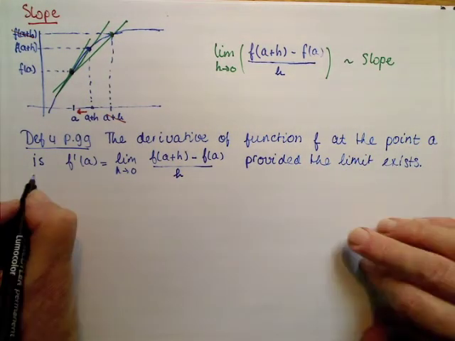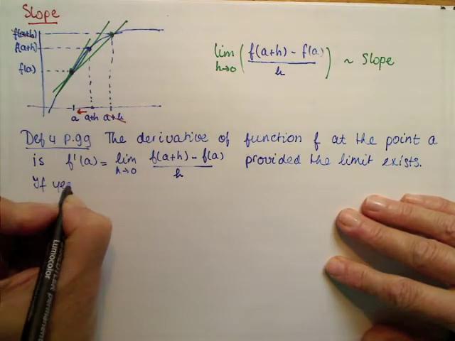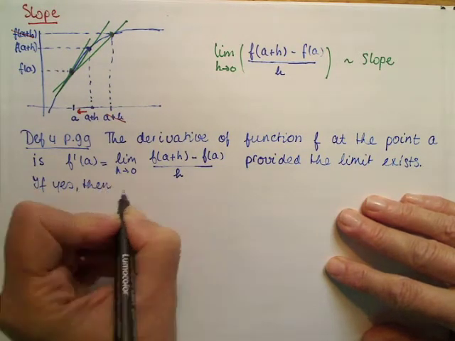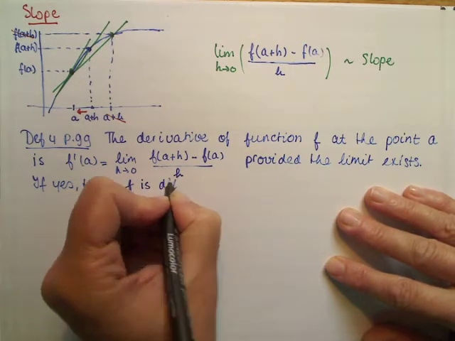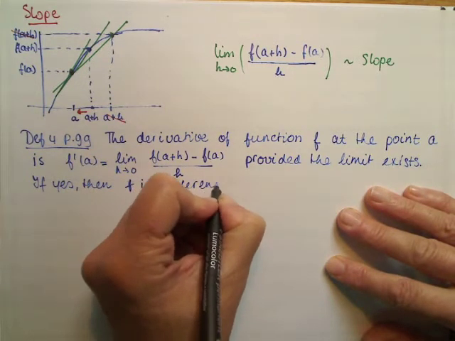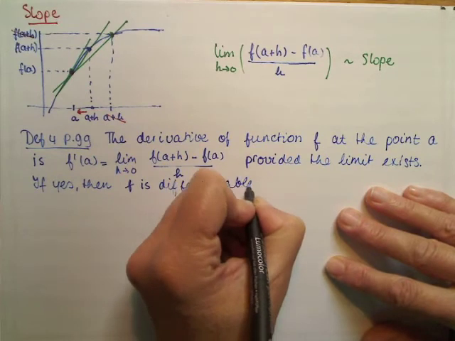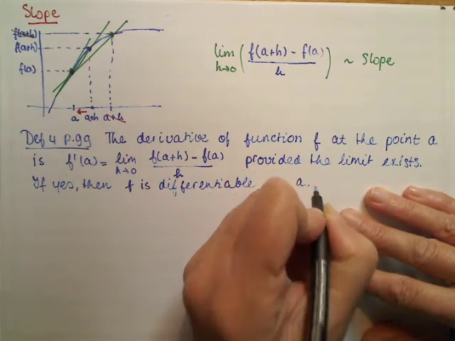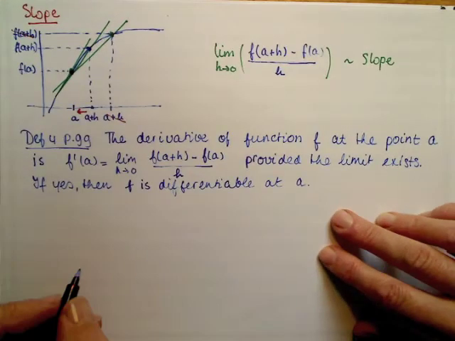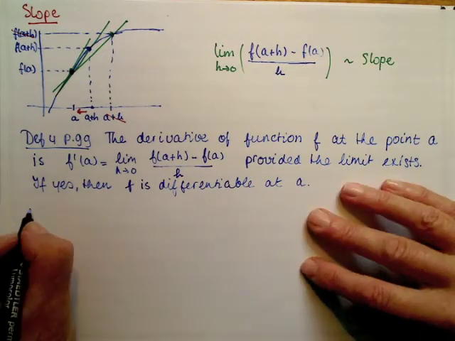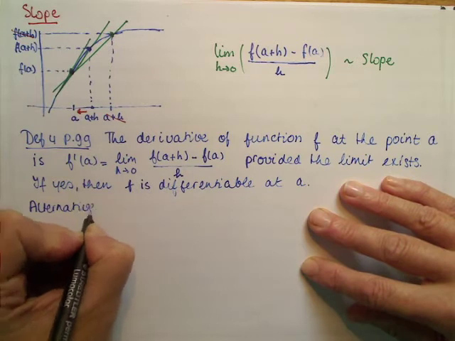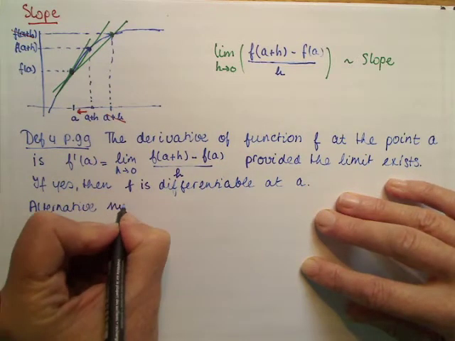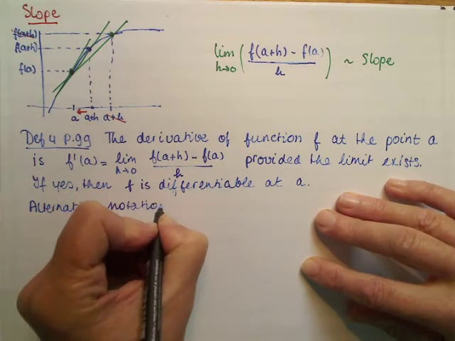Now, if it exists, then we call f differentiable at the point a. We can have alternative notations because there are many. I will not mention them all, but one will come back a little bit later.